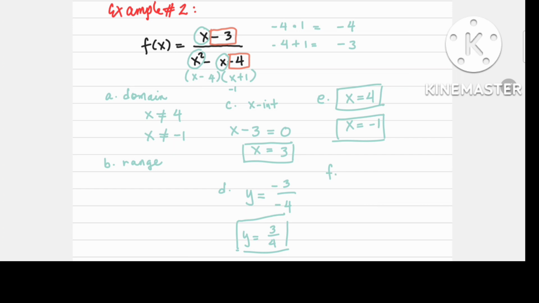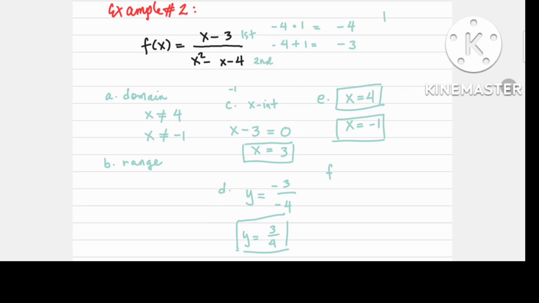While for our range, let's study the case here. So we look at the powers or the degrees of the numerator and the denominator. So in the numerator, what is the highest power of x? We see that it is 1. So it is in the first degree. While in the denominator, the degree is second.